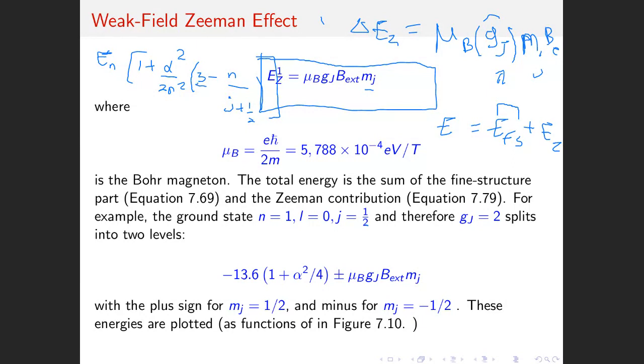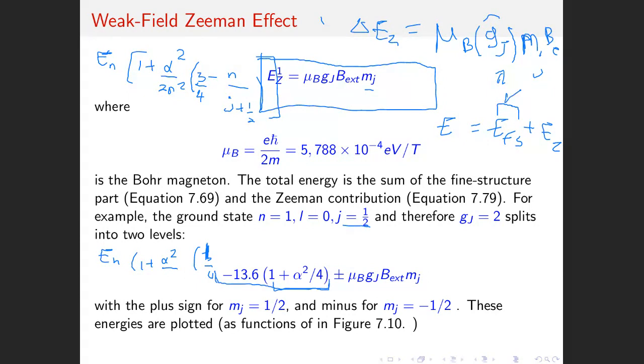I think this is a 3 over 4. Just check. So we get that the fine structure energy will be given by 1 plus alpha squared, this gives you 3 over 4, and J is a half in this case, this gives you 1. 3 over 4 minus 1 gives you 1 over 4. Only 1 over 4. So this gives you this energy.